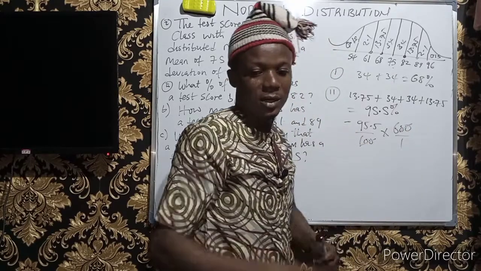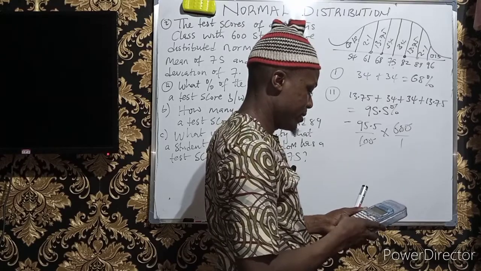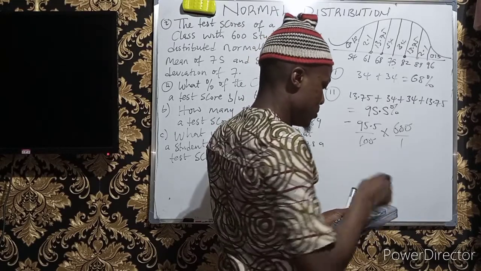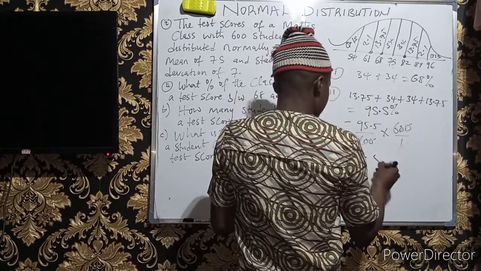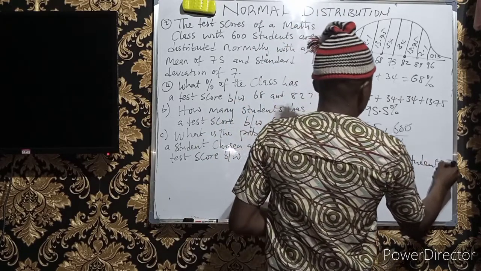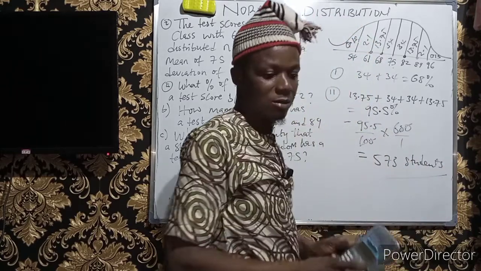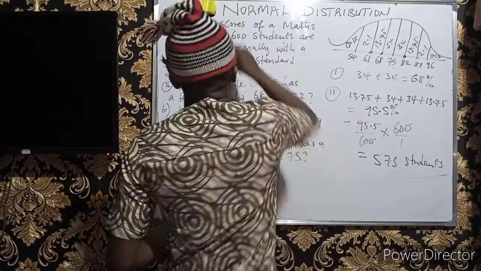So we now have 95.5 times 6, which will give us exactly 573 students. As simple as that.